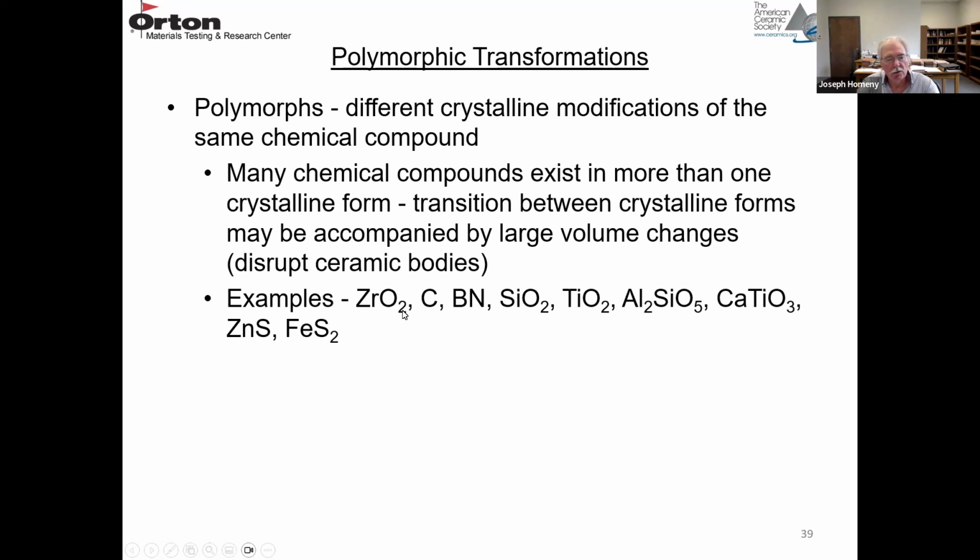So ZrO2 has a monoclinic to tetragonal transformation. Carbon is either in a diamond or a graphite structure. Silica has various transformations going from quartz to cristobalite to tridymite.